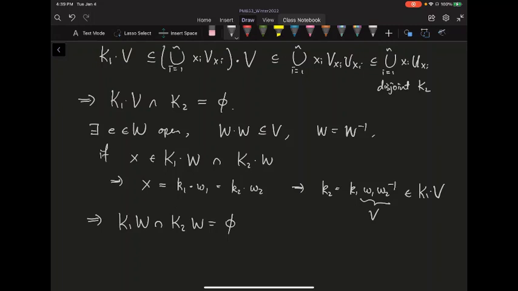Two compact sets in your locally compact Hausdorff group will always be separated by multiplication by some open neighborhood. I just want to say that in general, if you forget about the group structure, if you just have a locally compact Hausdorff space with some topological condition, this same conclusion may still be true.